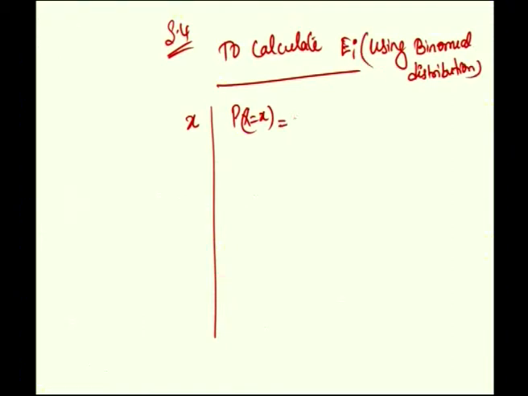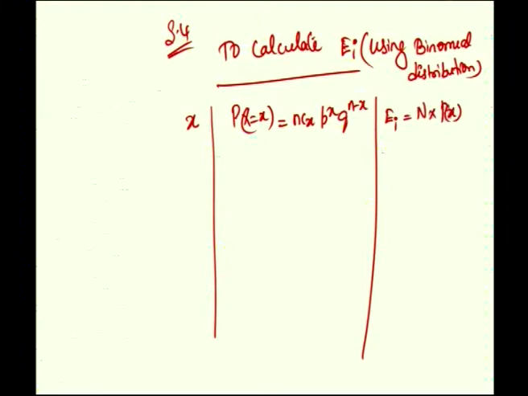This is n C x, p power x and q power n minus x, and then EI will be capital N into P of x, where capital N is equal to summation f values, n is equal to the number of children, 5, x is taking the values 0, 1, 2, 3, 4, 5, and p and q stand for our equal probability.